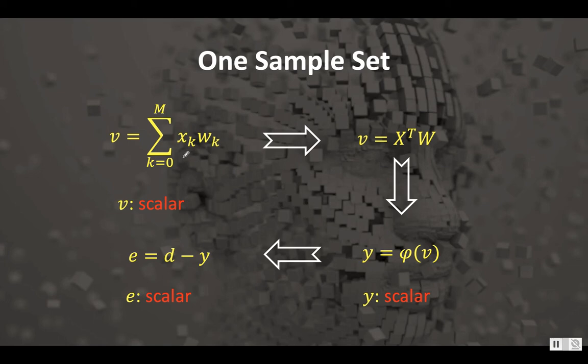In the neuron, V equals the summation of all the products of x and w. Here, V is a scalar.